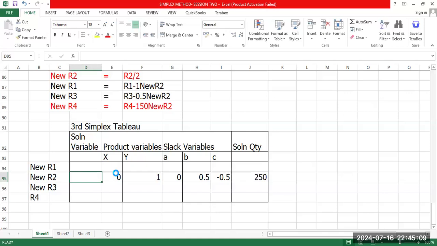Who is not understanding how we are getting these values? Penina, kindly mute. Unmute.